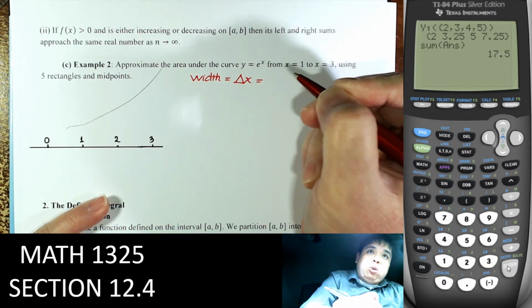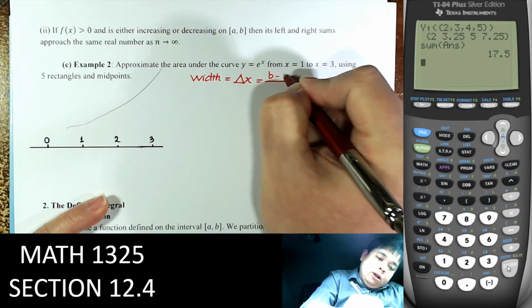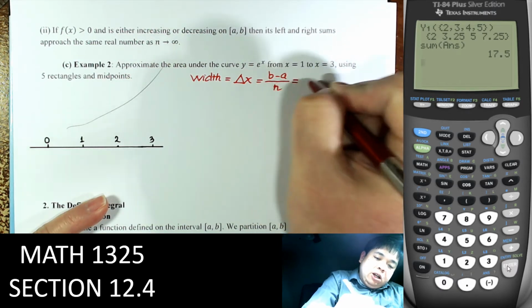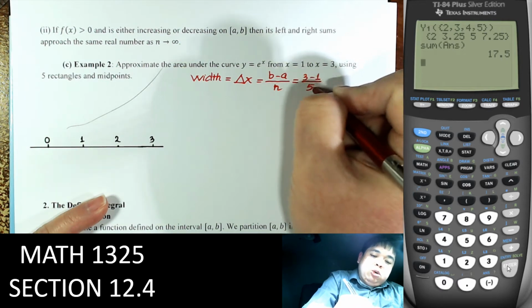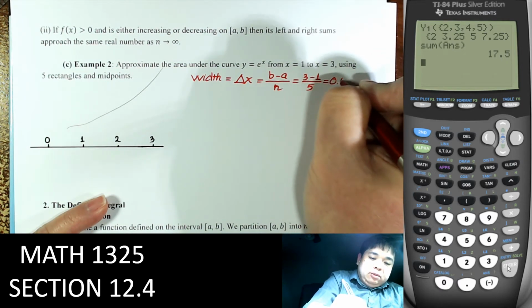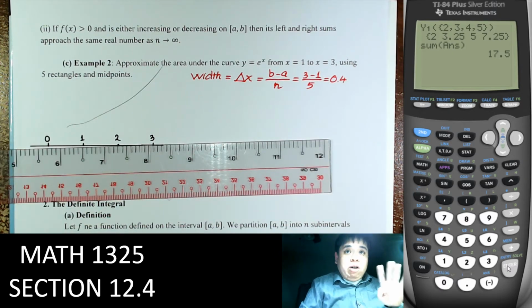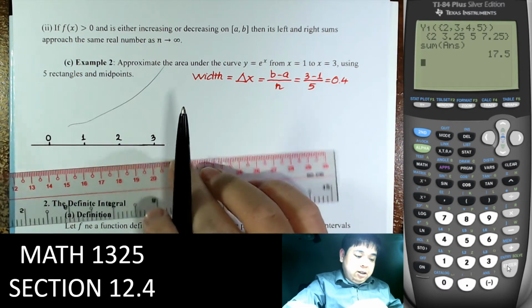It is the difference of the endpoints divided by the number of rectangles. So 3 minus 1 over 5, 2 over 5, is 0.4. From 1 to 3, we divide into 5 equal segments. The width is 0.4.